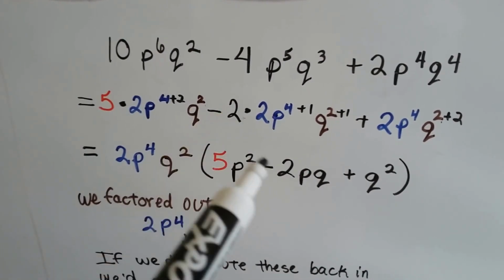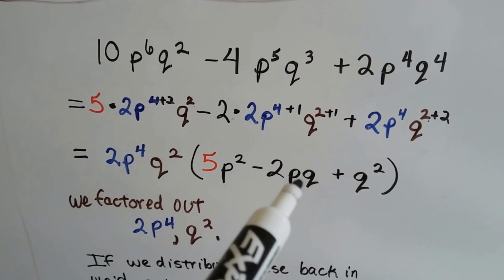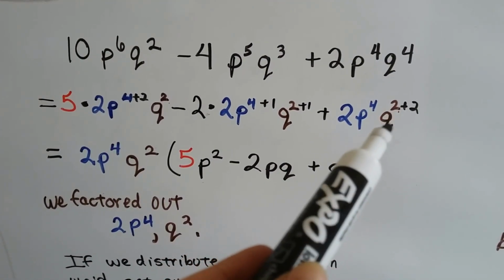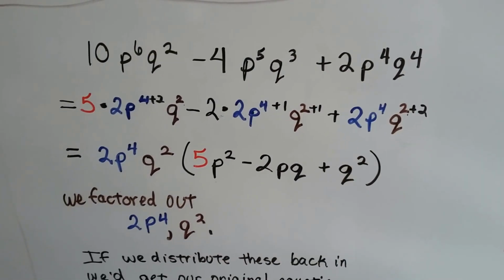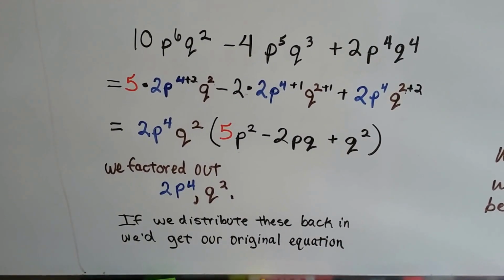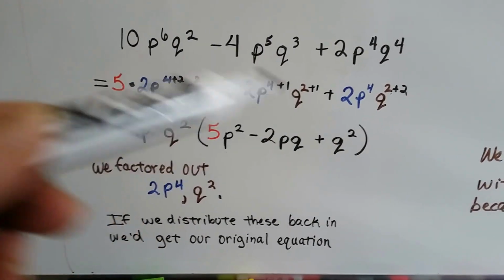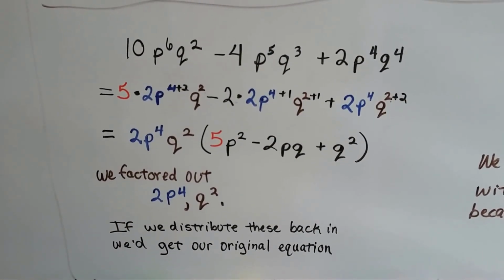It's going to be minus 2. And there's 1 p left over and 1 q left over that we put there, plus this little q to the second that was left over from the plus 2. See? So we factored out 2 p to the fourth and q to the second. And if we distributed this back in, we would end up with the original expression. See?